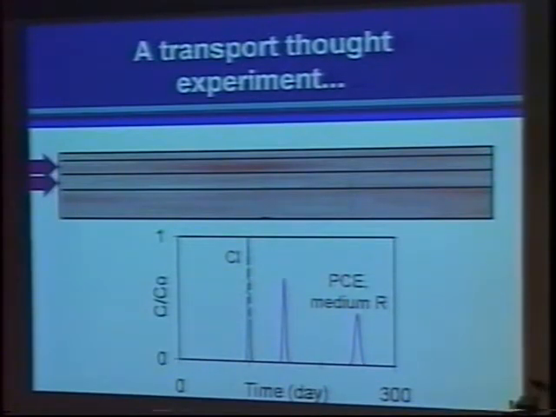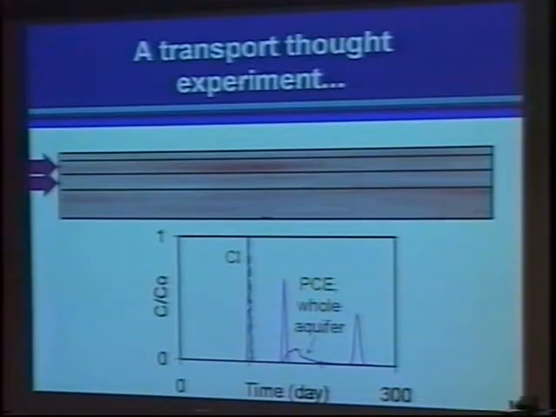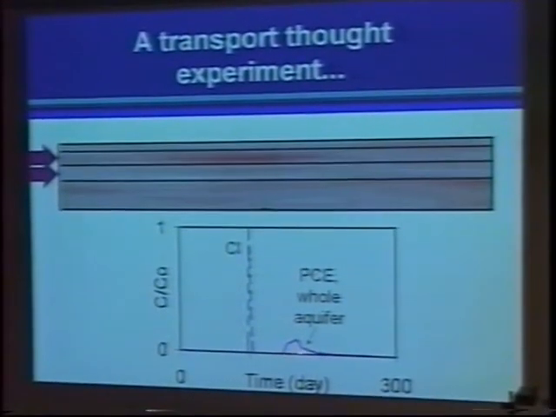So if we think about all the different layers that could be carved into this 2D system, what we end up with is, at the end of our thought experiment, a breakthrough curve that might look something like this, which has a very long tail on it for the PCE.